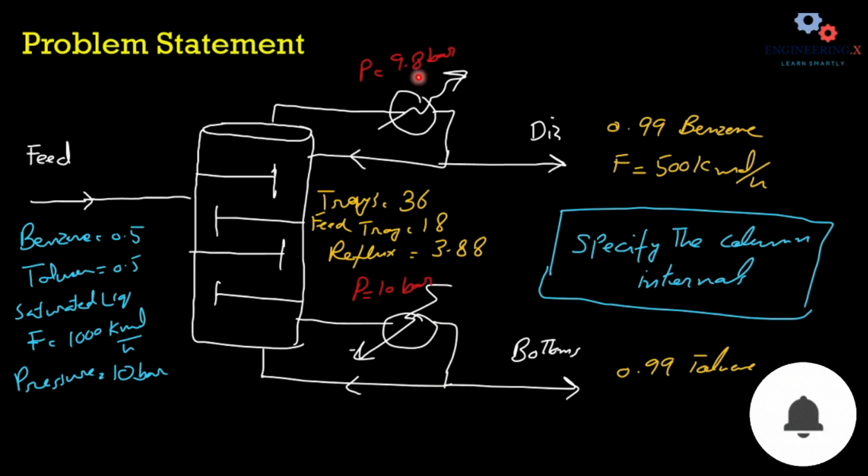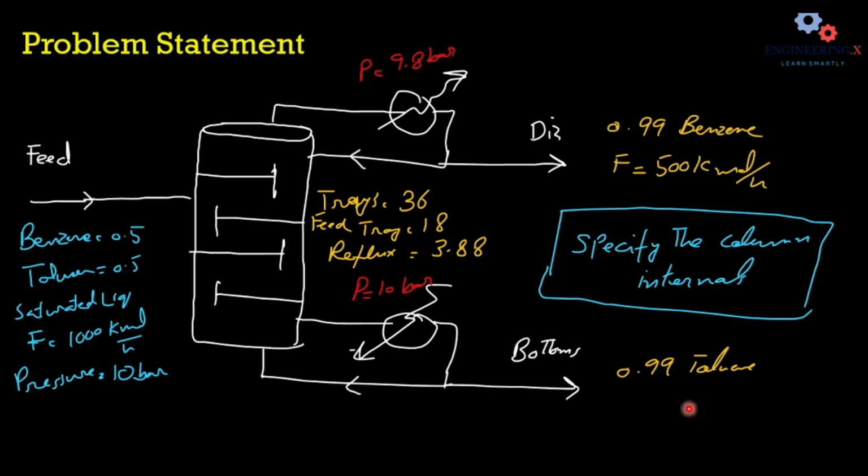Reboiler pressure and condenser pressures are given, and the product purity that we require: at top we require 99% benzene, and at bottom 99% toluene.